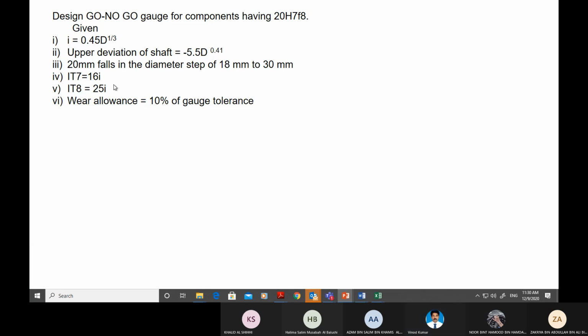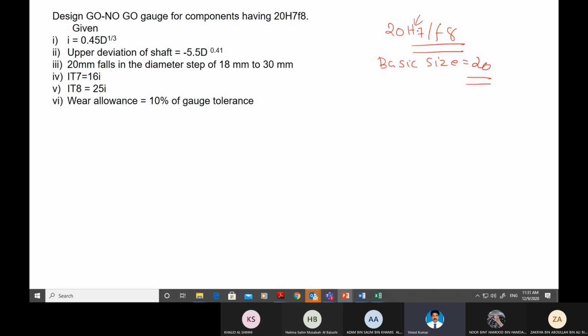Okay. So we have to design a go no go gauge for a component. The fit, the assembly, is given as 20 H7 F8. It means the basic size is equal to 20. H7 F8 is the fit or the connection.